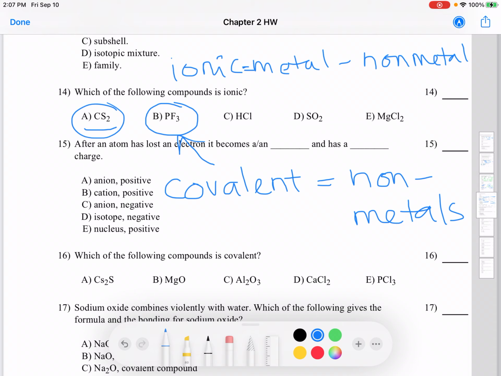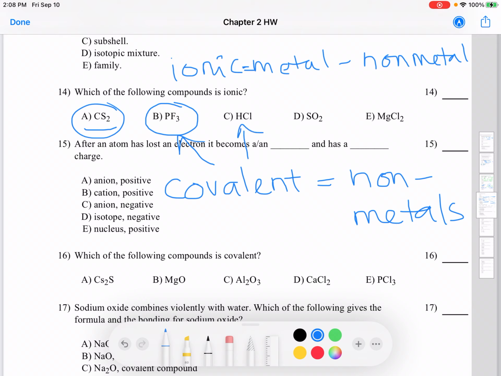We have only one phosphorus, and for the first element we don't say mono, so we just say phosphorus, and there are 3 fluorides, so we say tri because it's a covalent compound. So the name of PF3 is phosphorus trifluoride, which is a covalent compound.